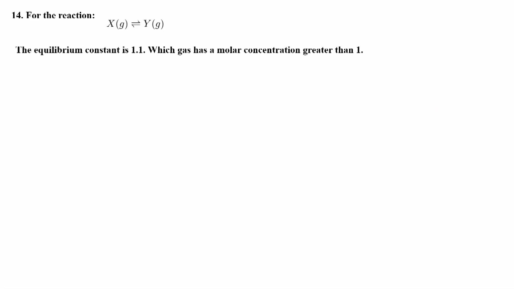Next we move to problem number 14, which says for the reaction X is in equilibrium with Y, the equilibrium constant is 1.1, which gas has a molar concentration greater than 1. This is again very simple problem. Okay. So, the reaction is X gas is in equilibrium with Y gas, right.